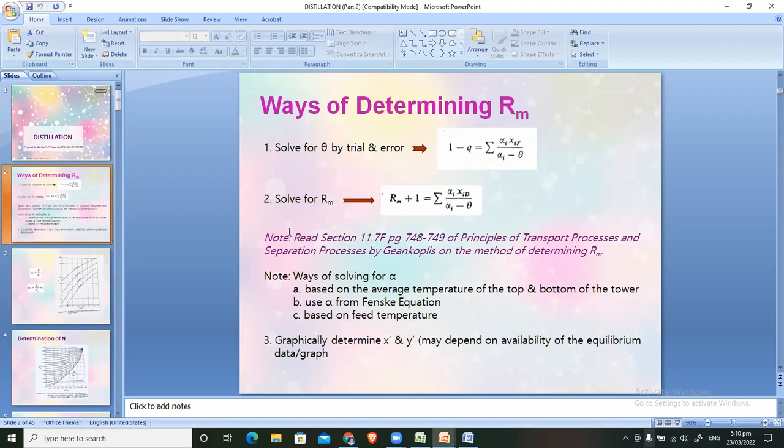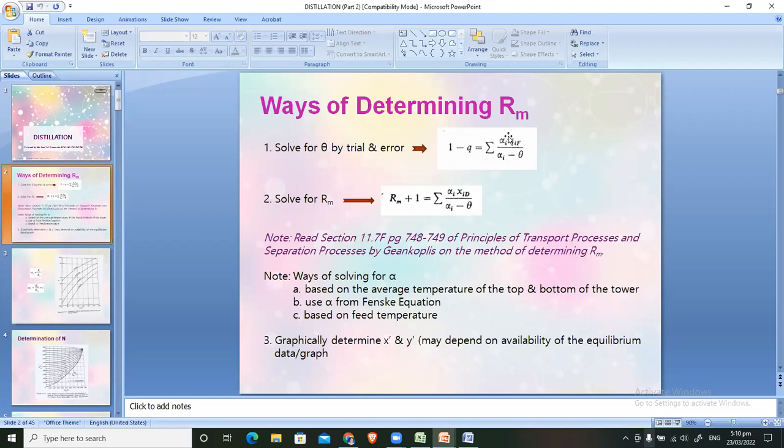Now, for determining the minimum reflux ratio, after you have already determined the theta here, you substitute it in here. This time, you're not going to have the summation of two fractions in the feed for the product of alpha and X, but rather this time you use that in the distillate.